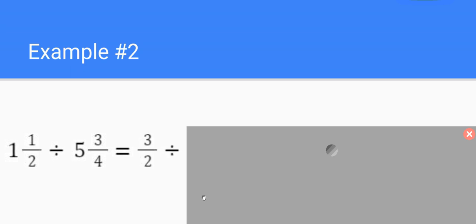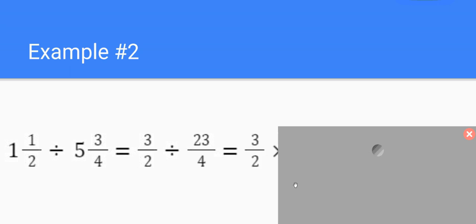So this first step is just converting those 1 1/2 and 5 3/4 into improper fractions. So that really is 3/2 divided by 23/4. Then, now we are in the process of keep, change, flip.